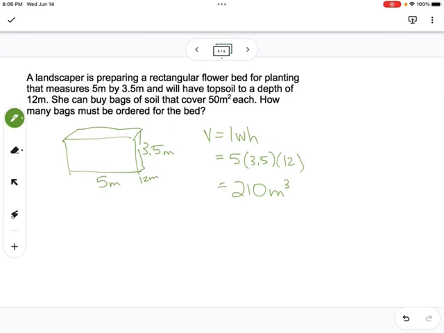And it's telling us that each bag covers 50 meters squared. So we want to take our measurement of 210 and we'll divide by the 50, and that'll give us 4.2. And that means that she will need to buy 5 bags in order to cover that amount of area.